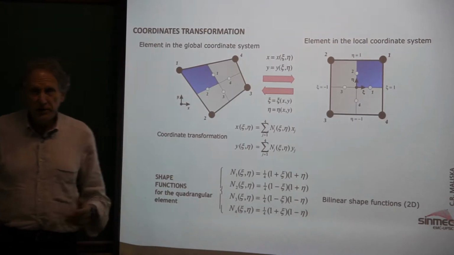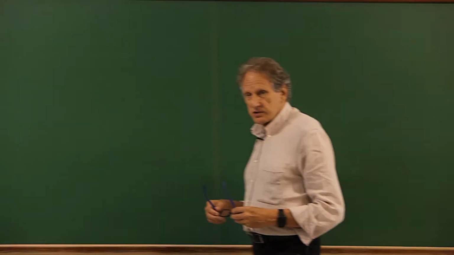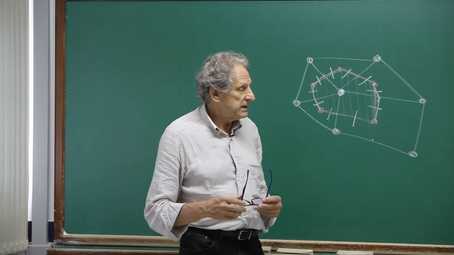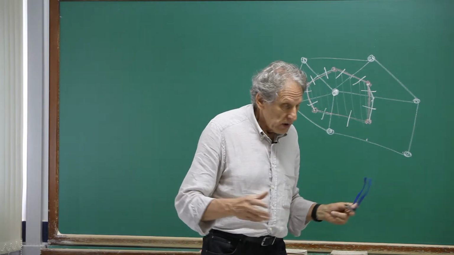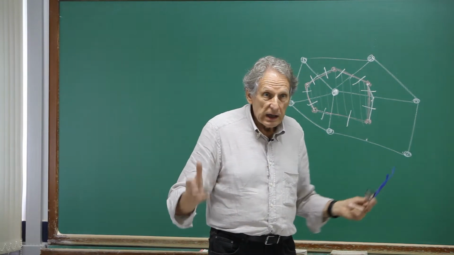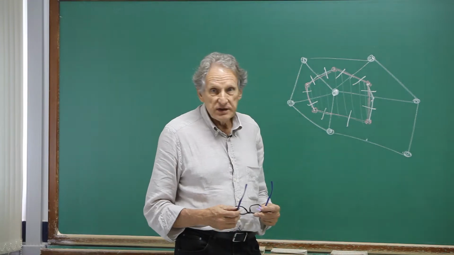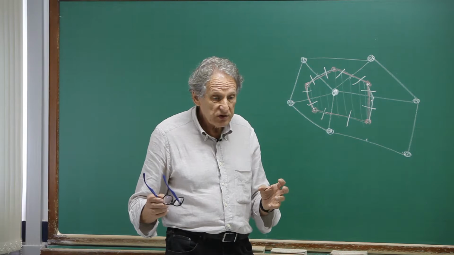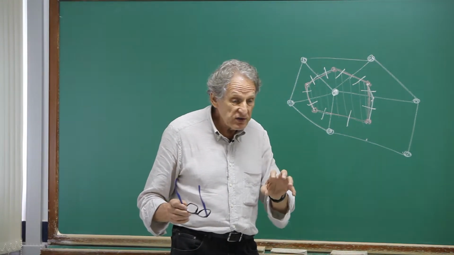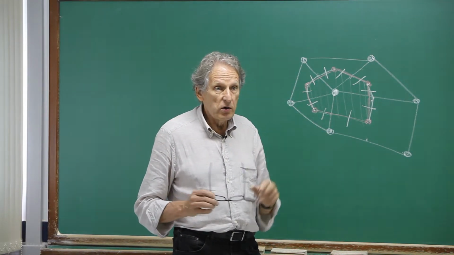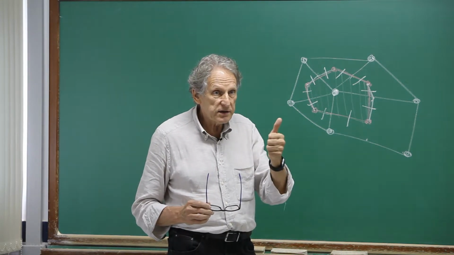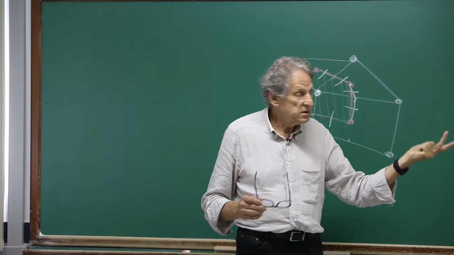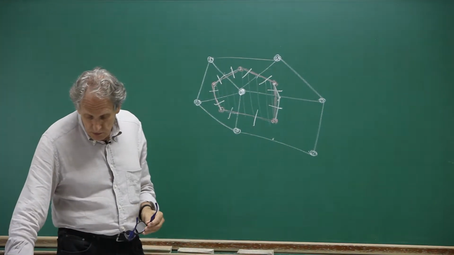So shape functions are not really something strange, or new, that should be given some special treatment. They are just merely the way to represent variables inside the domain based on the values on the vertices. Can be x, can be y, can be a function phi, any function. The next slide will show that.